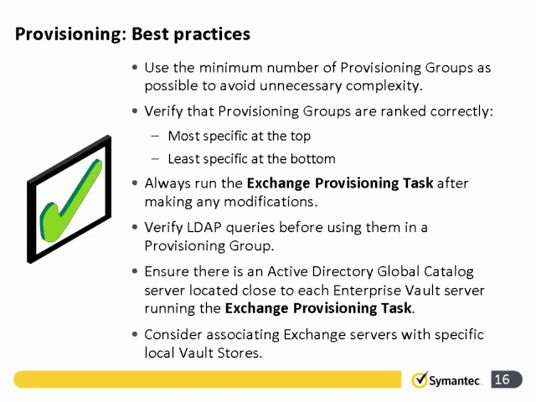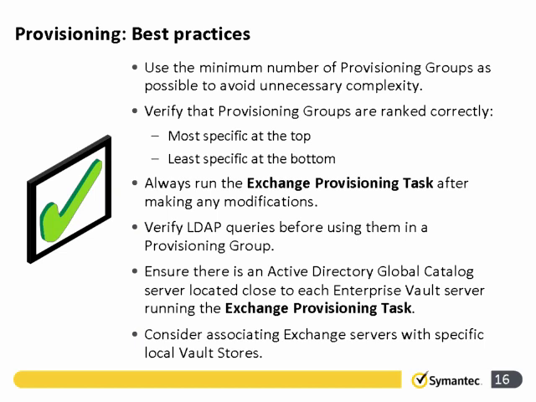I already mentioned testing out the Lightweight Directory Access Protocol queries before you implement them in a provisioning group. We do recommend this because the provisioning task will be verifying that the users and/or groups exist before assigning them their mailbox policies and so on, and it does that lookup using the Active Directory Global Catalog.